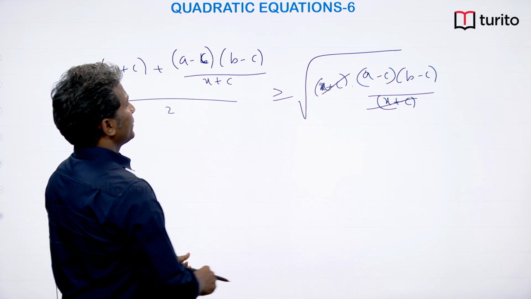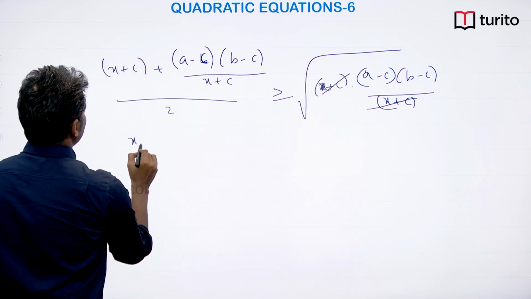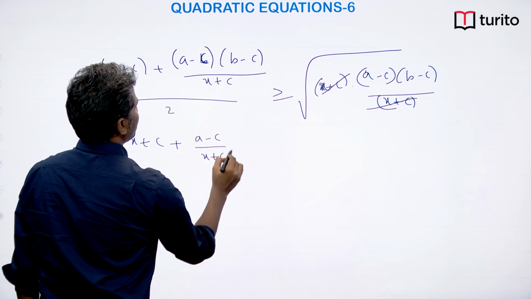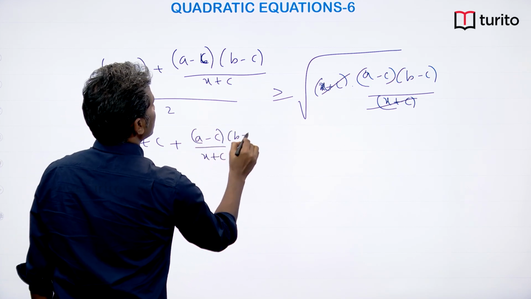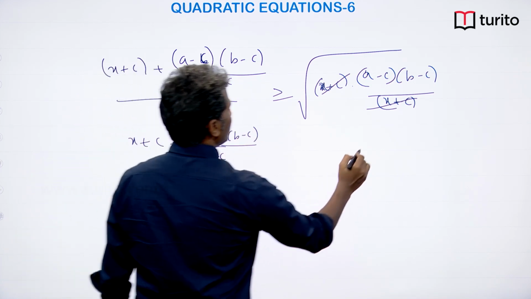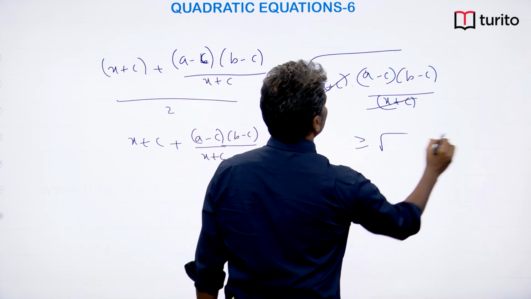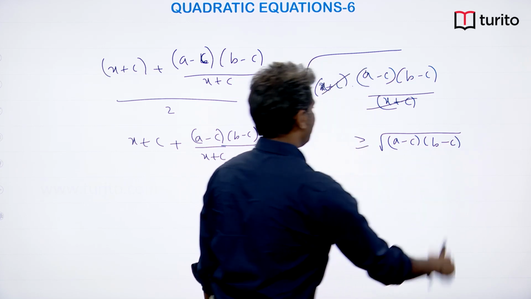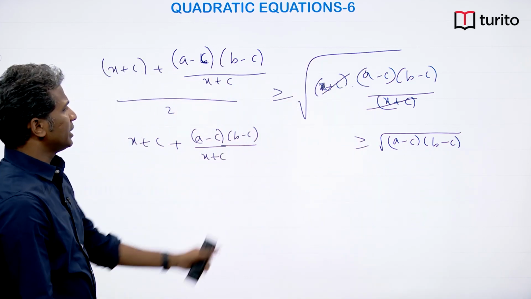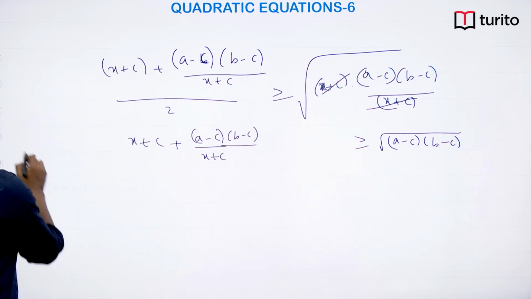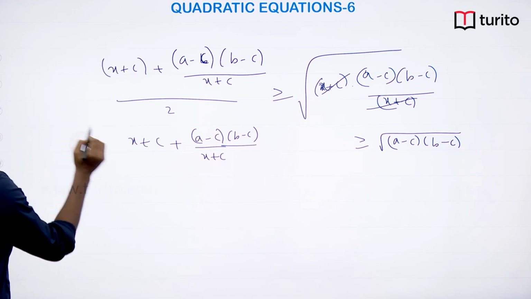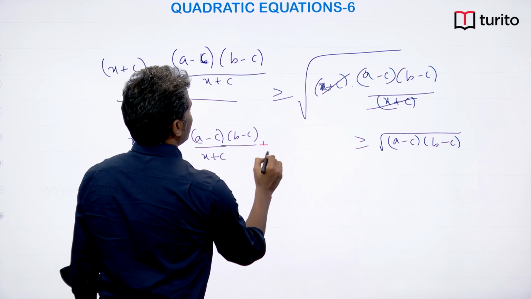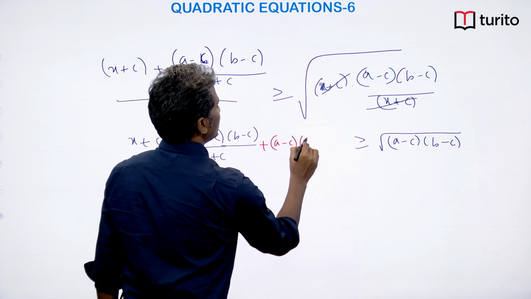Okay. So that means we can say that this expression, x plus c plus a minus c into b minus c by x plus c, is always greater than or equal to root of a minus c into b minus c. So we already got a relation like this. Now, just add that term that is required, which is this third term, plus a minus c into b minus c.